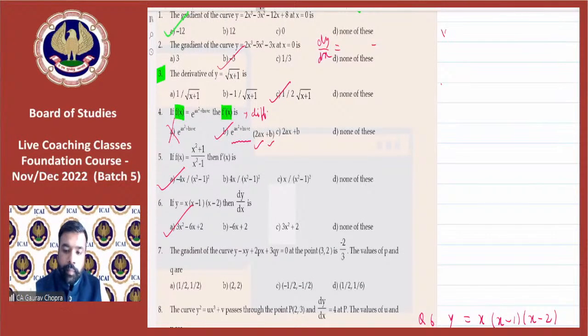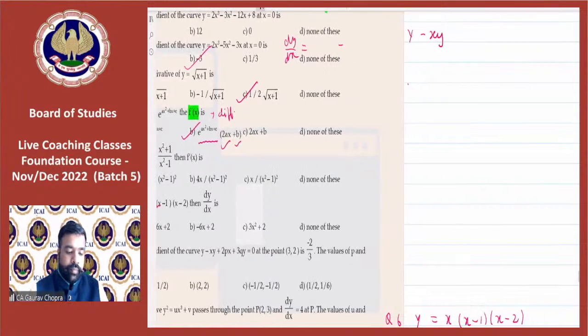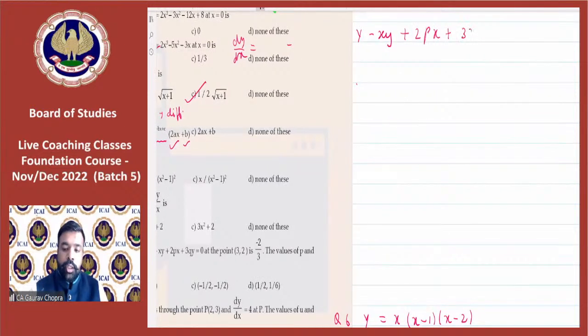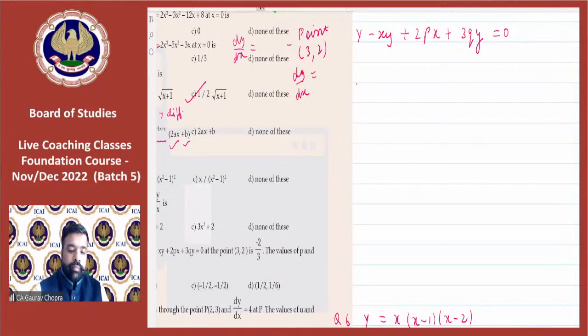y minus xy plus 2px plus 3qy is equal to 0. The given point is 3 comma 2 and gradient, that is dy by dx, is negative 2 by 3. This is given.